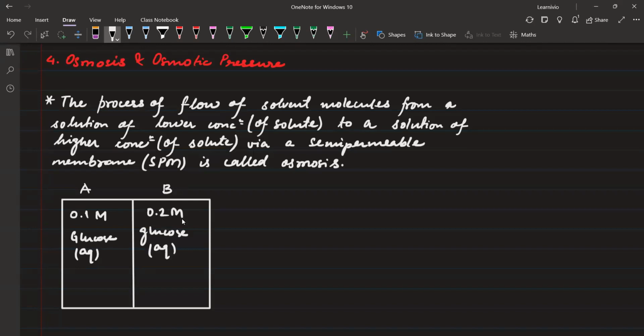And this is a semi-permeable membrane. Now, I will write at least 10 different options. You have to tell which is correct, which is wrong. I'm not saying that only one is correct. There are multiple wrong and multiple correct. You have to analyze each and every option.